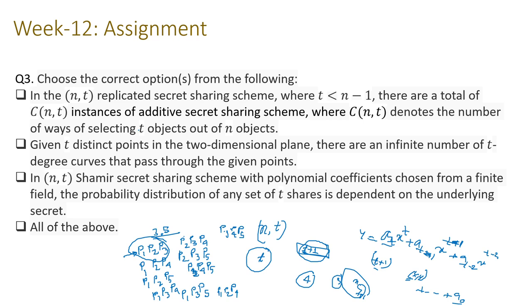Otherwise the scheme will not be secure. Only the Shamir secret sharing scheme is secure because you can create multiple sets of shares for the same secret, right? And that's why the security of the secret sharing scheme is there, right? So this statement is false, right?